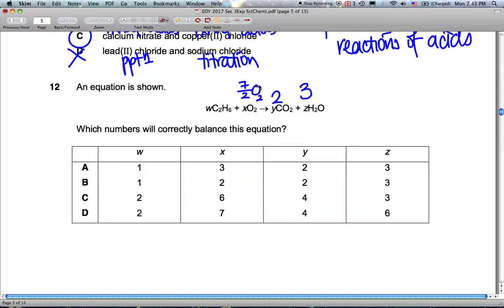In order to make it a whole number, we need to multiply throughout by 2. This gives us 2, 7, 4, and 6. Because I cannot leave it in a fraction like that, and in order to have a balanced equation, my answer will be D.